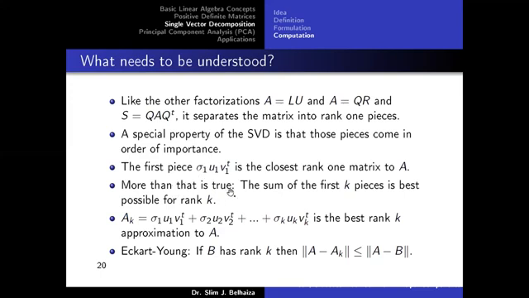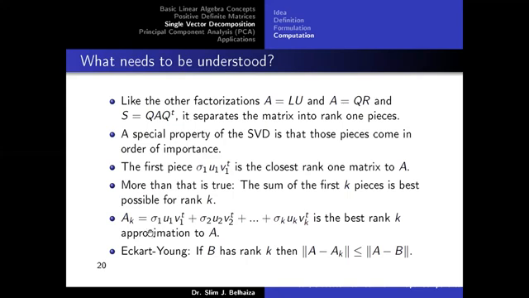More than that is true: the sum of the first k pieces is the best possible rank k approximation. The same way we said with Taylor-Maclaurin series, the best approximation as a polynomial to the value of your function at a given point is a polynomial where you can use the n consecutive derivatives.